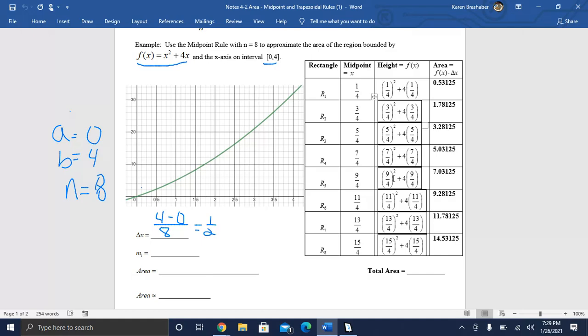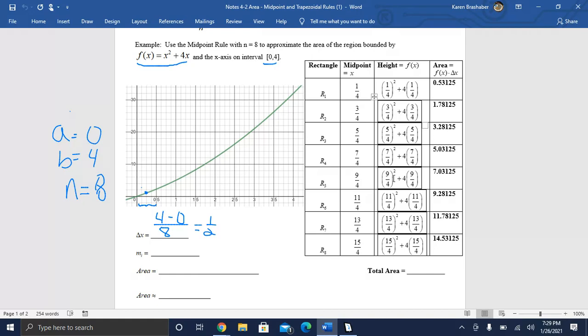So for example, our first interval is from 0 to 0.5, since our delta x is 1/2. So the midpoint from 0 to 1/2 is 1/4. So at 1/4, my y value would be determined by whatever the y value is on the curve when x is 1/4.